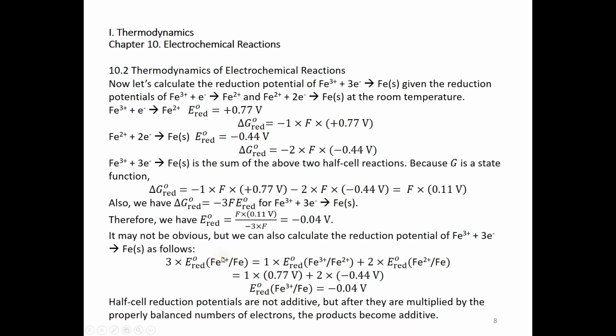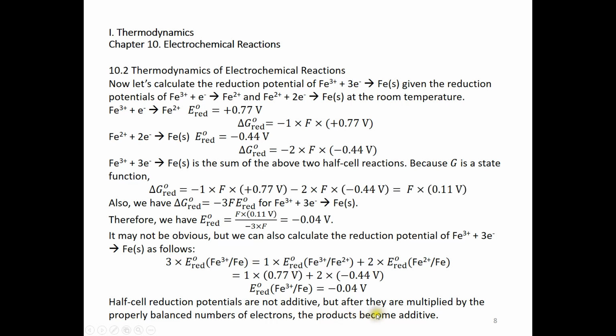So by looking at those examples, we learn that the half cell reduction potentials are not additive. I mean, although this reaction is the sum of these two reactions, you do not just sum up these two voltages. You cannot do that. However, if you multiply the voltages by the corresponding numbers of electrons, you get products of potential and number of electrons, or charges.